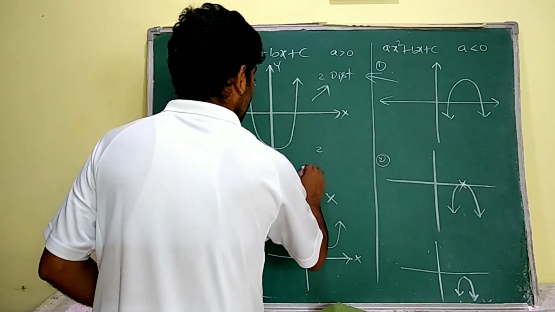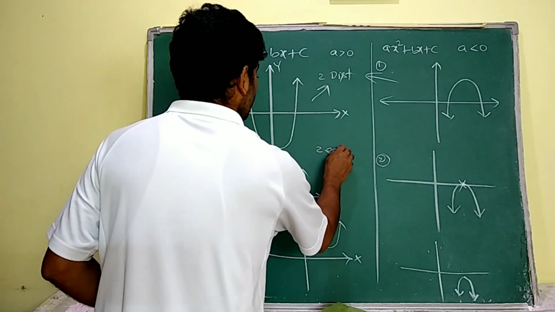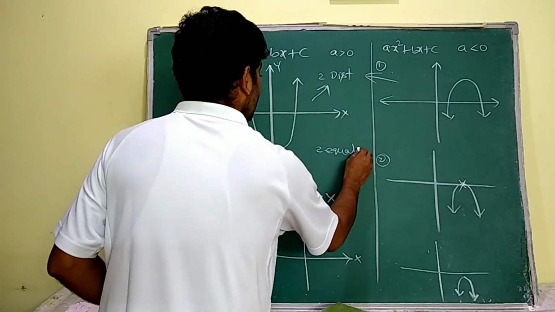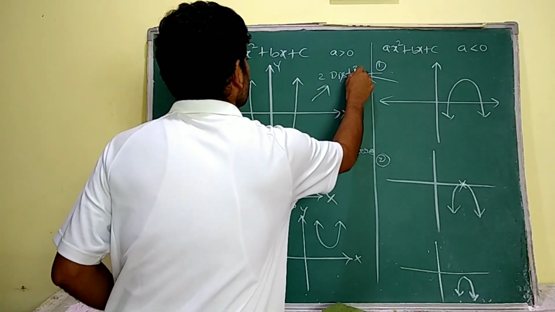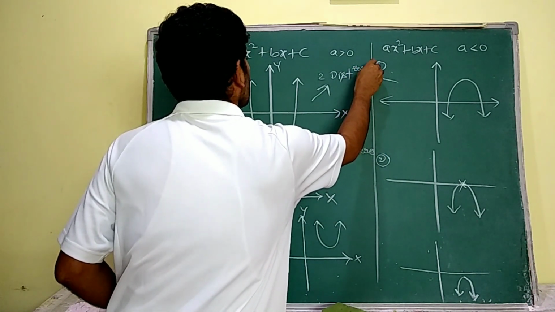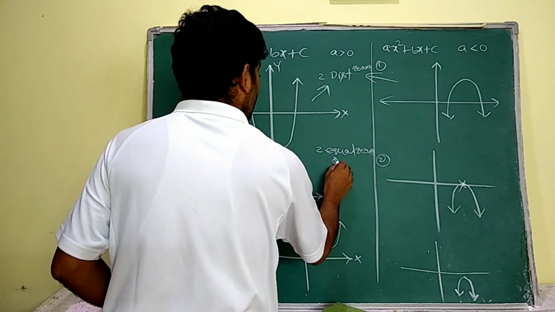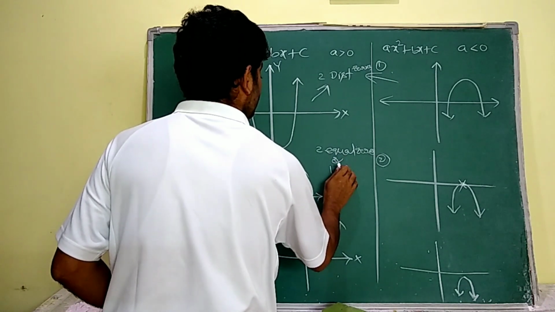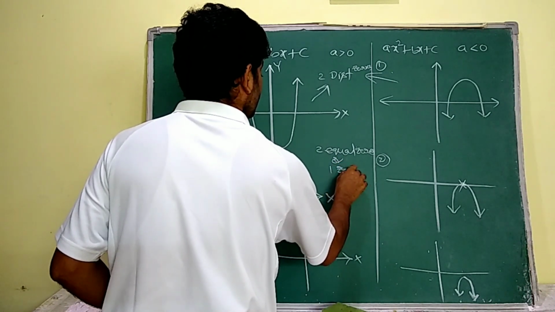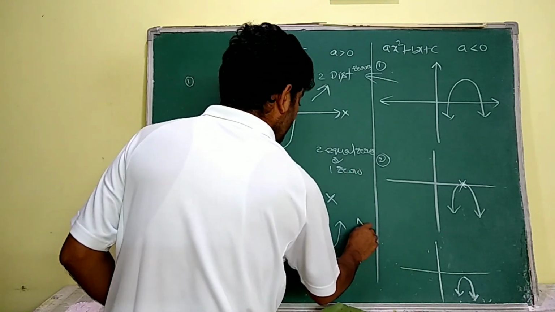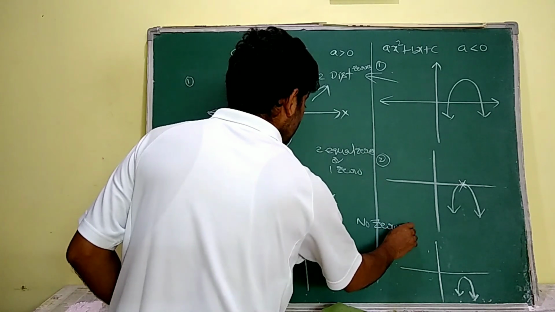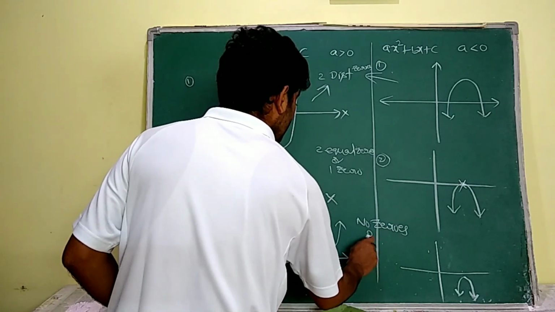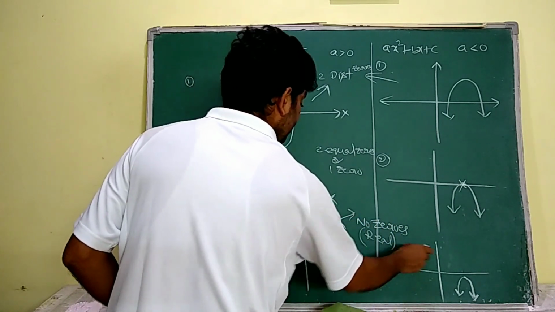So here in the second case, two equal zeros, or 1 zero. Here no zeros. No zeros in the sense, remember, no real zeros, in brackets if you want to write. No real zeros for this type.